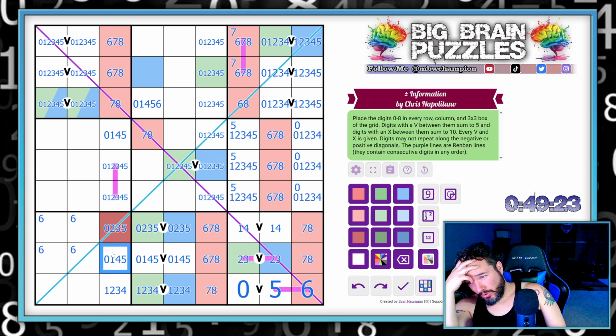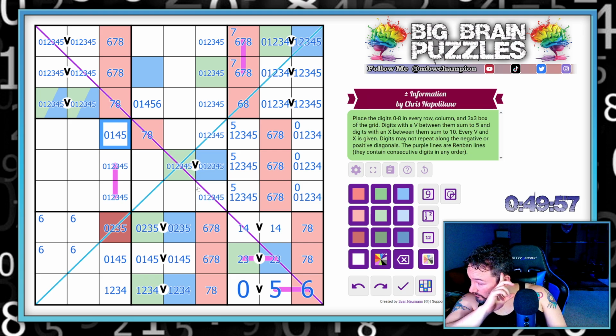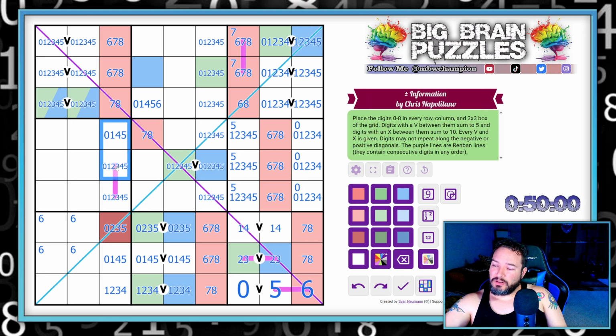Man, I was trying to see if it broke, but I don't see it breaking. Like if this is a 0 or 5, this can't be a 0 or 5. But it could be a 1, 2, 3, or 4. Another one's gonna go here. No, I guess not necessarily. I guess one could go here.